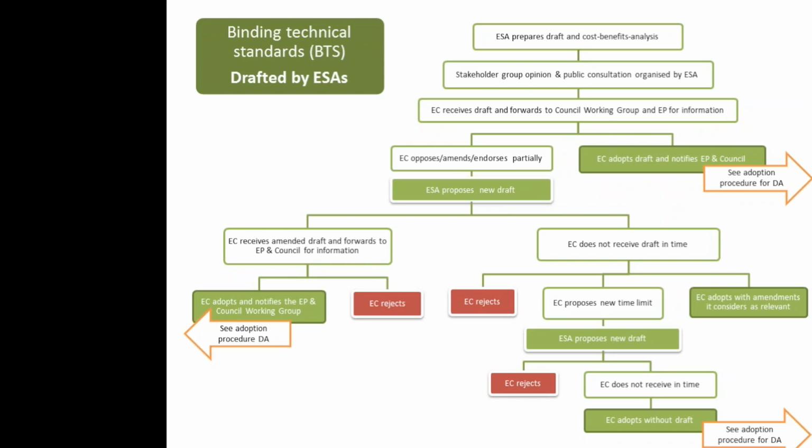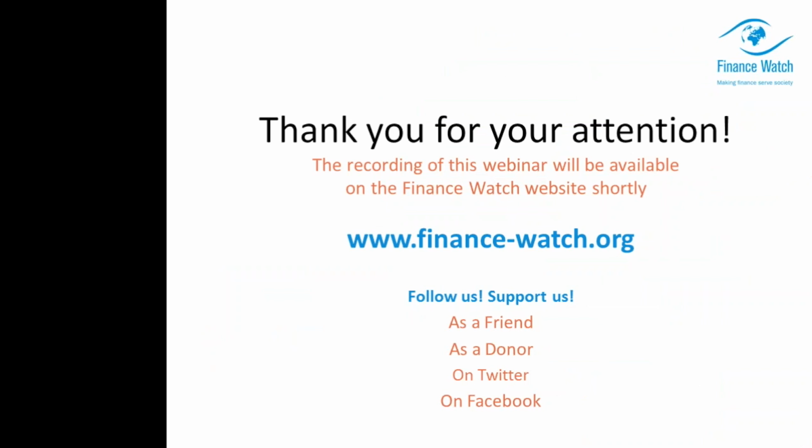That is the objection to the draft, which would result in the draft not being adopted. Therefore, it is very important to follow on all levels, and to make sure that we understand all the points where the decision can be changed and can end up in a form that is not really favorable to what we achieved in the framework legislation.